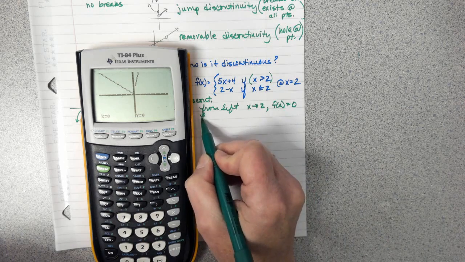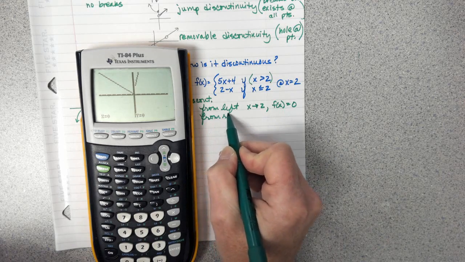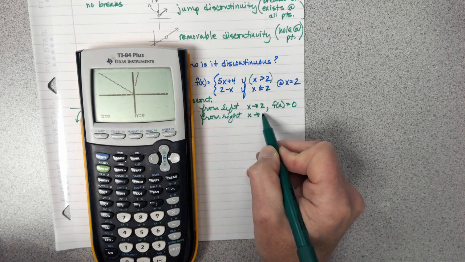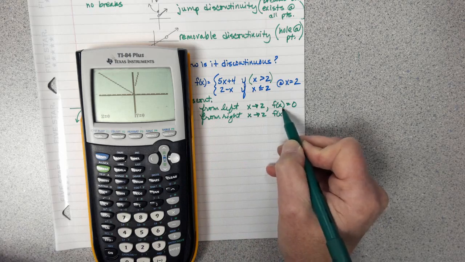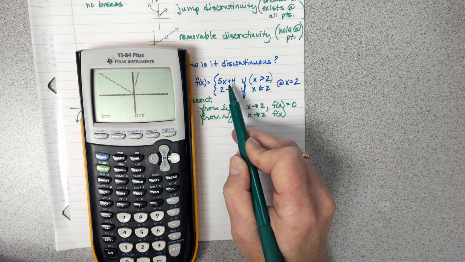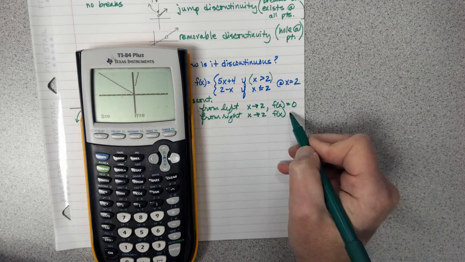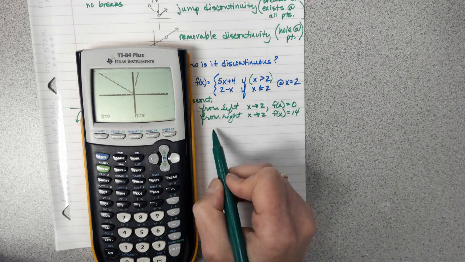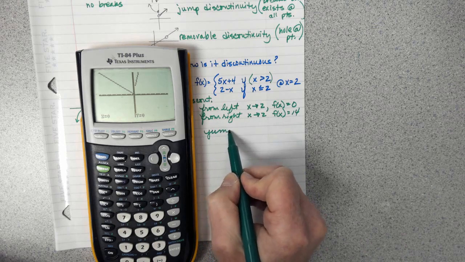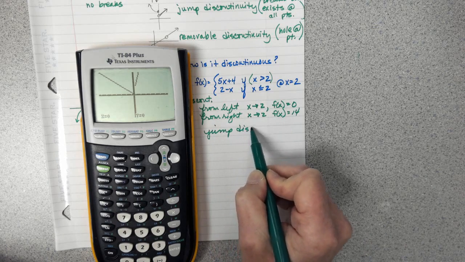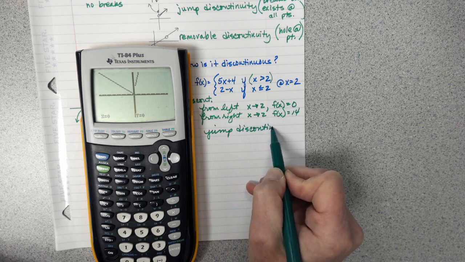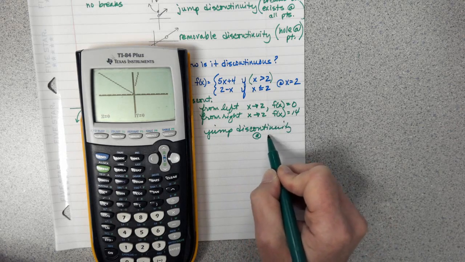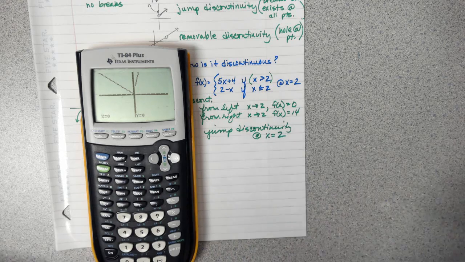But as you approach it from the right, as x approaches 2, the function is at what value? Remember, if we plugged in 2, then you were at 14. Okay, so you have a jump discontinuity at x equals 2.